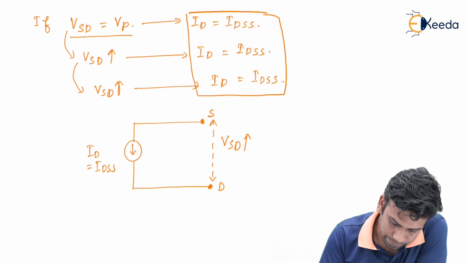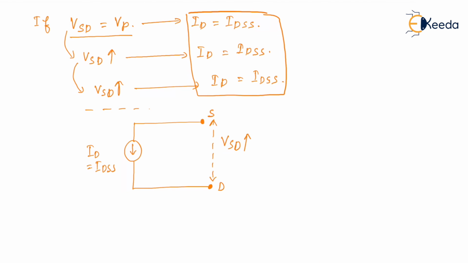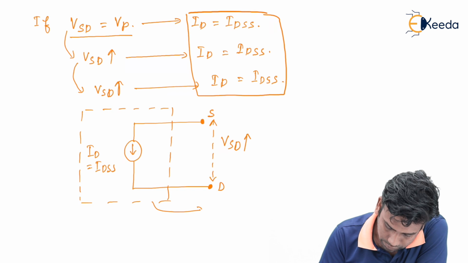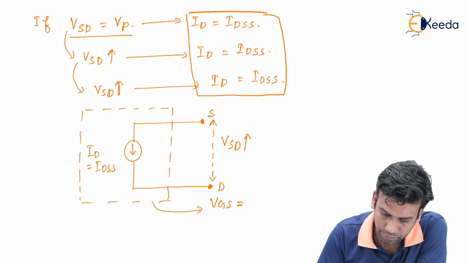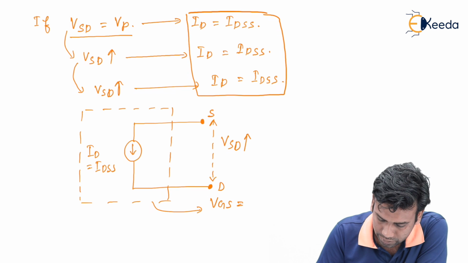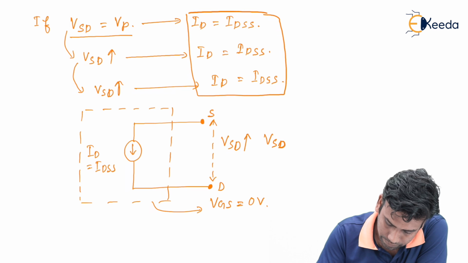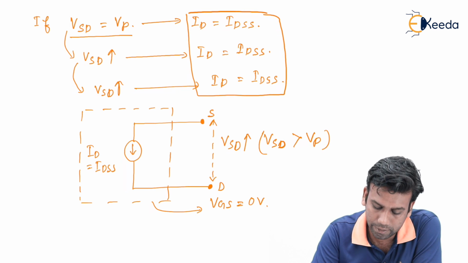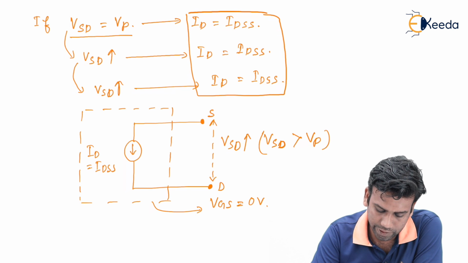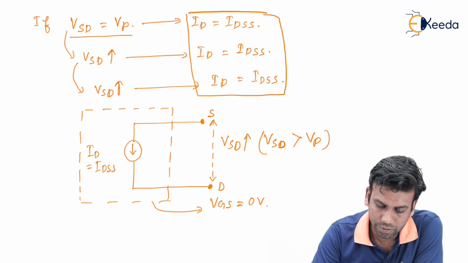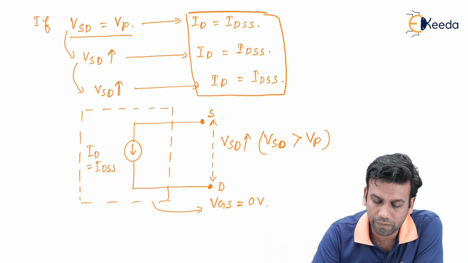So, we can say that at this condition the gate to source voltage VGS we have applied is 0 volt and VSD is greater than Vp. So, for VSD greater than Vp, we can use the JFET as a current source having a fixed current of IDSS when the gate voltage is 0.